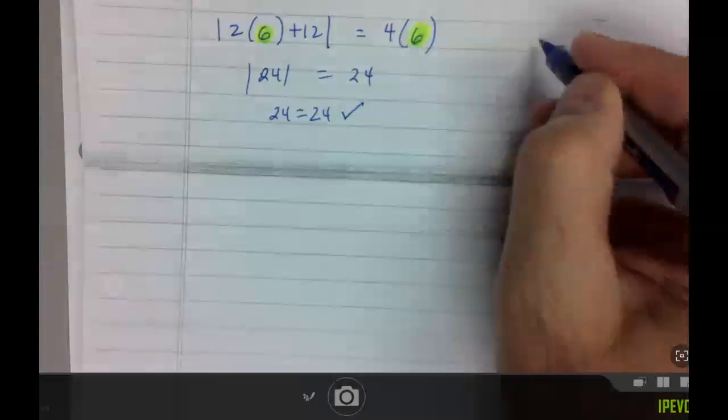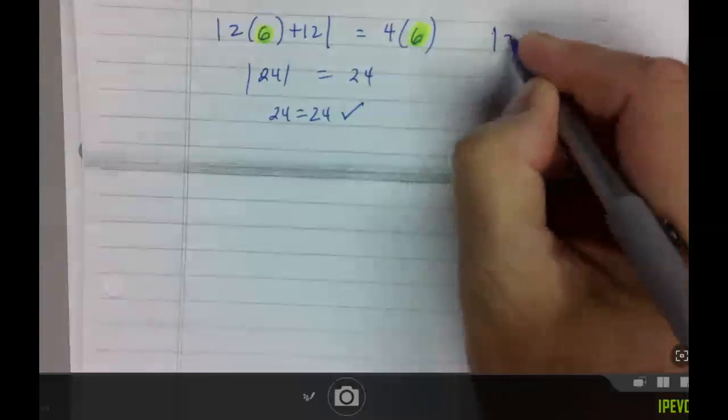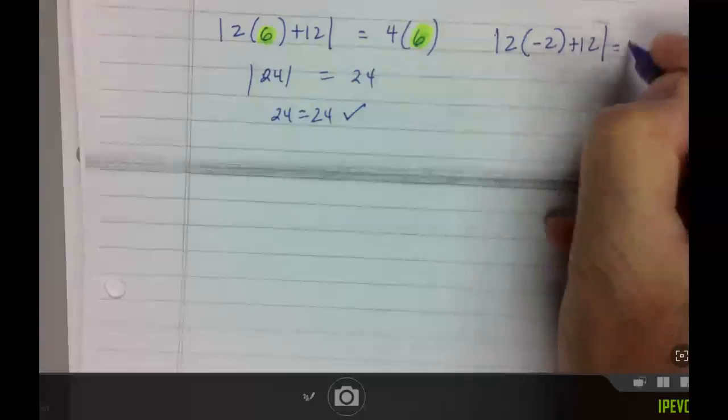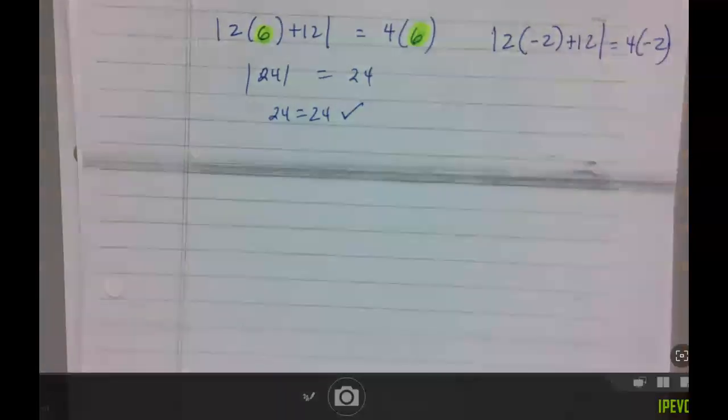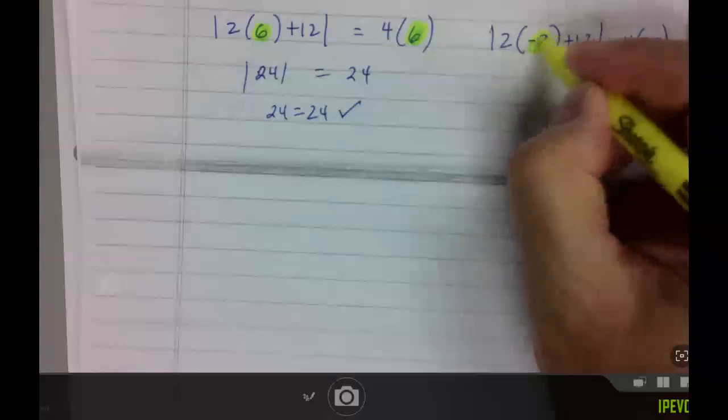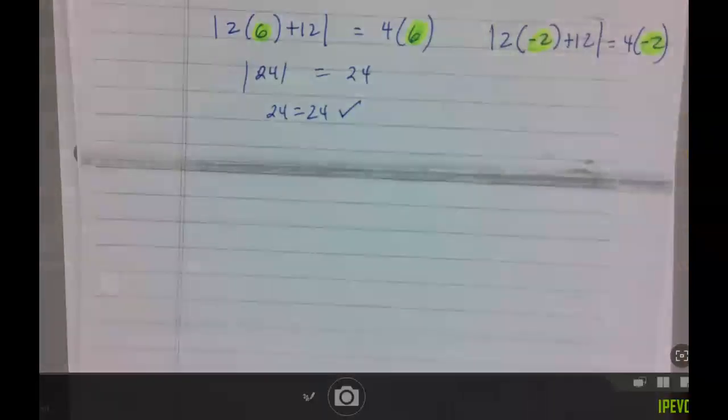Now let's check the other one. Absolute value of 2 times negative 2 plus 12 equals 4 times negative 2. Everybody see where I'm at? See what I'm doing? I'm plugging this in right here for x, aren't I? Agree?